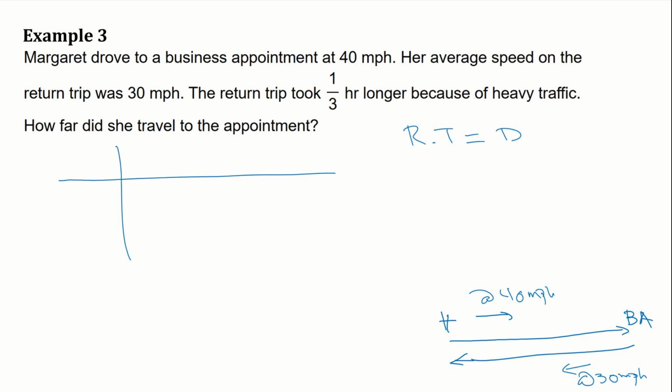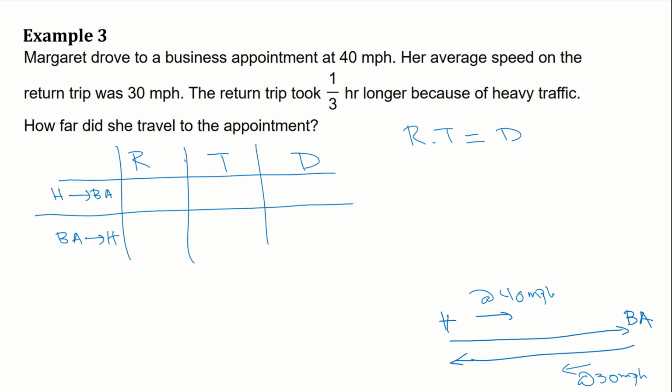So the categories are going to be home to business appointment and the return trip, business appointment to home, right? So we put the proper titles for the columns of our table. Now we plug in any information that we know.